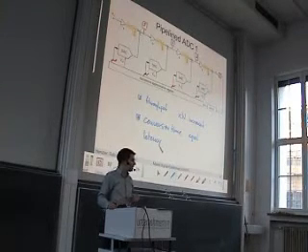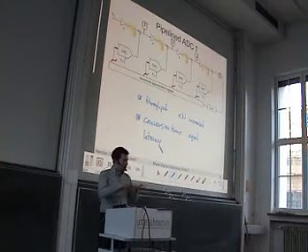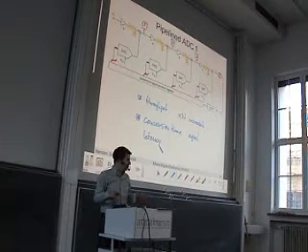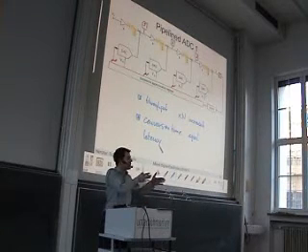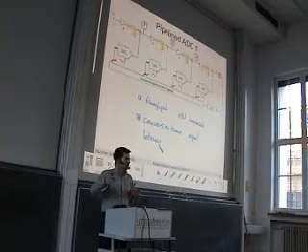Of course, this requires that we fill up the pipeline. So if we start processing and the pipeline is empty, then it takes n cycles until the first datum arrives at the output. So this is the latency.